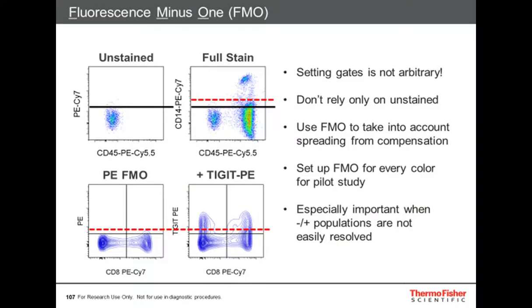So here's a couple of examples of how a fluorescence minus one control is used in gating for flow cytometry. You can see on the left, in both cases, we've set a gate on the unstained. And on the right, you can certainly see that that gate is not appropriate for the full stain.